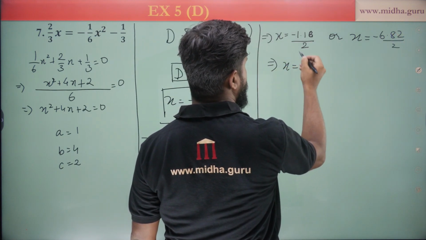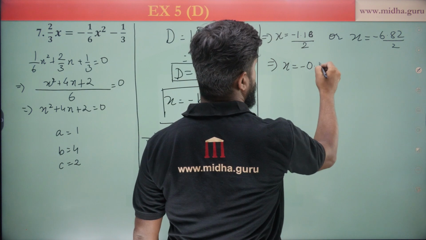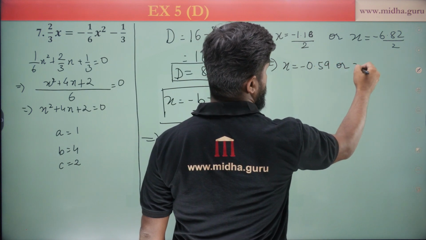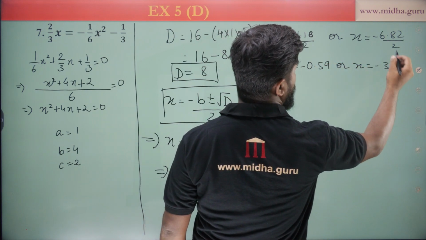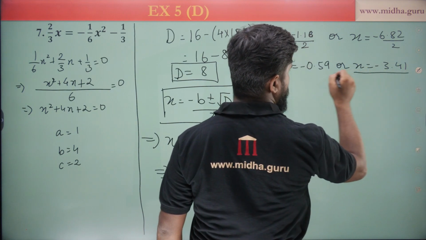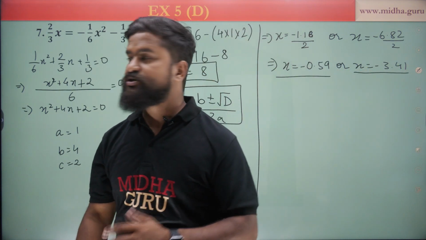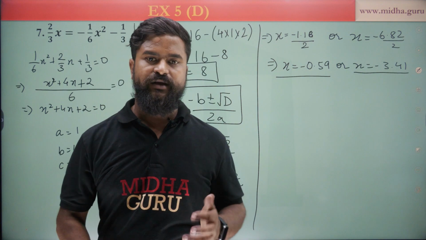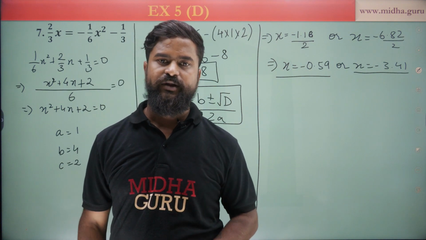So this will become x is equal to minus 0.59 or x is equal to minus 3.41, and these are the solutions for the given quadratic equation. Let's move on to the next problem.